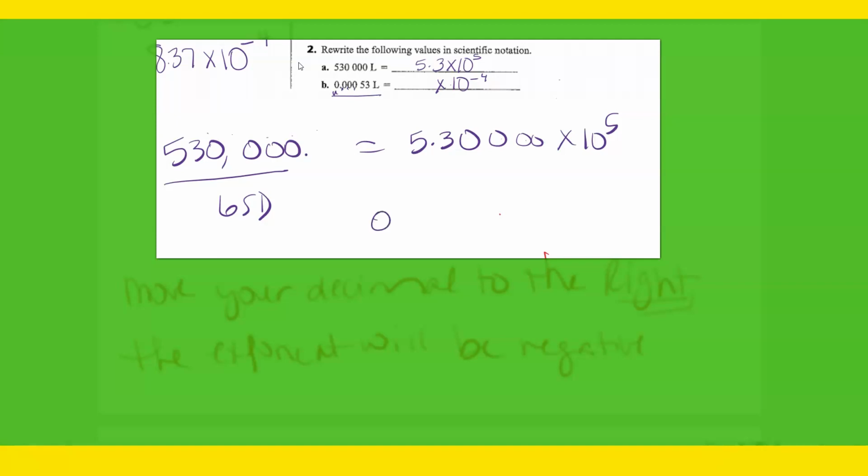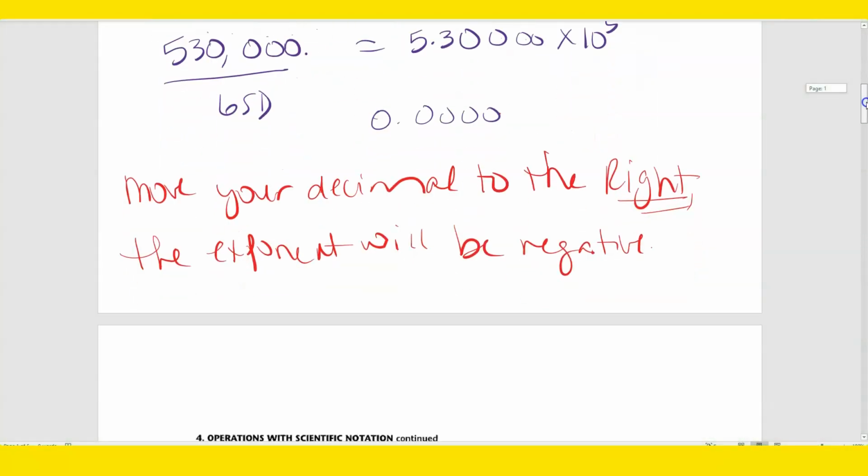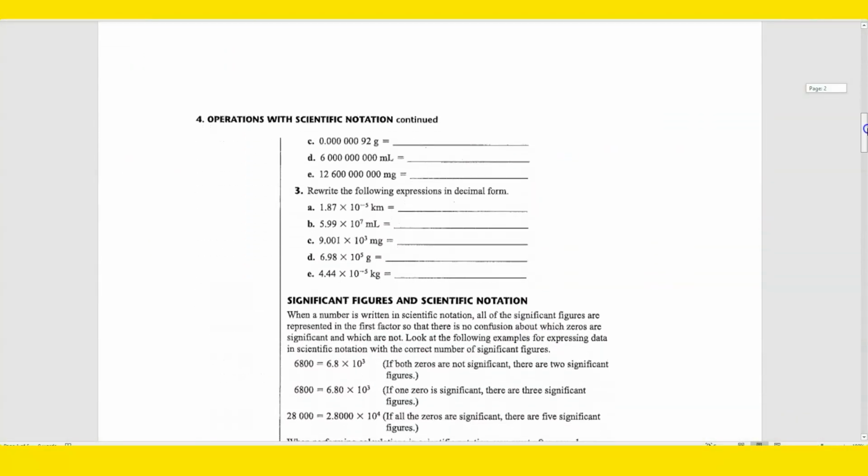When you have zeros in the front, 0 point, however many zeros you have, you're going to make sure that you put that as your exponent. And then you write the other numbers, 5.3. Okay? See how simple that is? So let's go ahead and do some more examples to make sure we're okay.